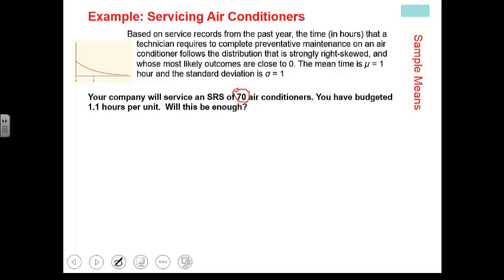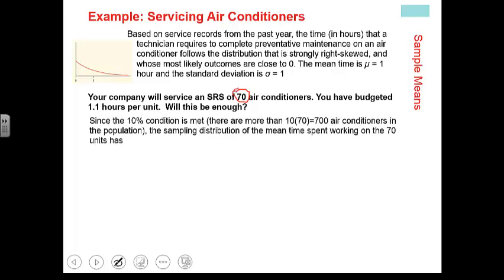Will this be enough? Since the 10% condition is met, so always show that with numbers. 10 times 70 is 700 air conditioners in this population, so we're going to just assume that there's a large enough population, more than 700 air conditioners.